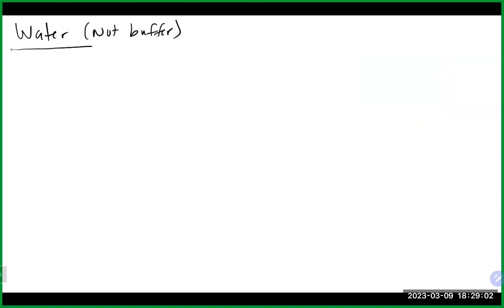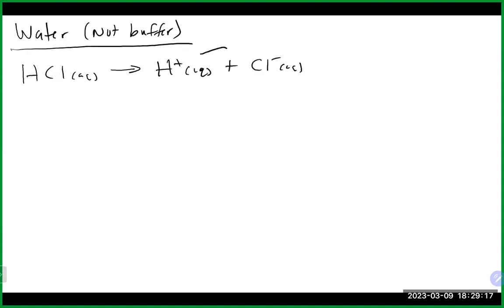So if we take water and we decide to add some hydrochloric acid to water, it will, as we know, 100% break apart into H plus and Cl minus. What I just did is I have my water at its water pH, we'll say ideal conditions of 7-ish.